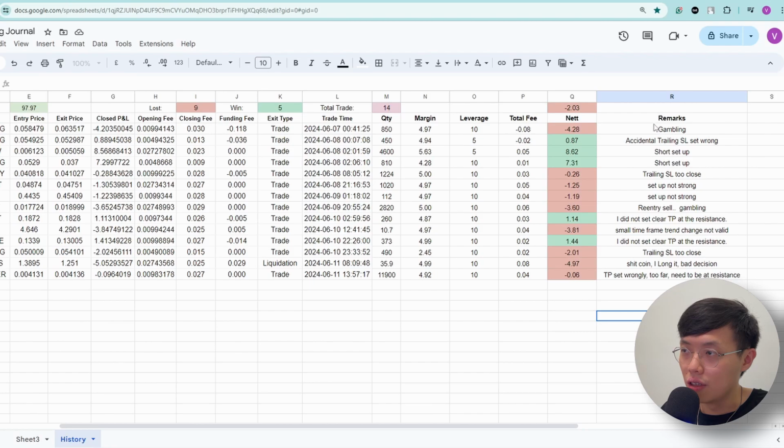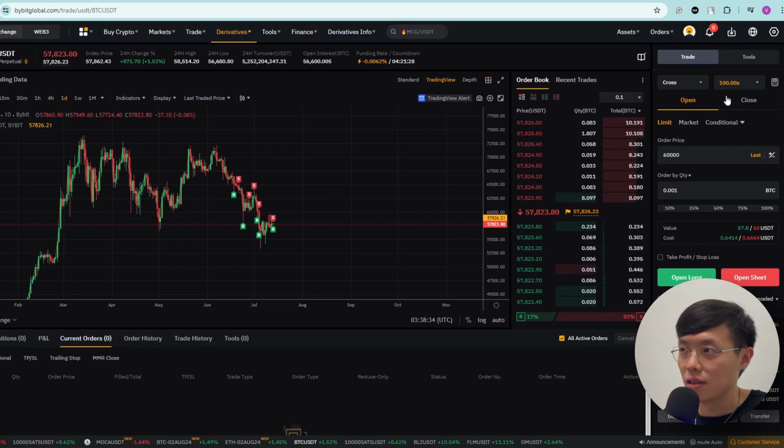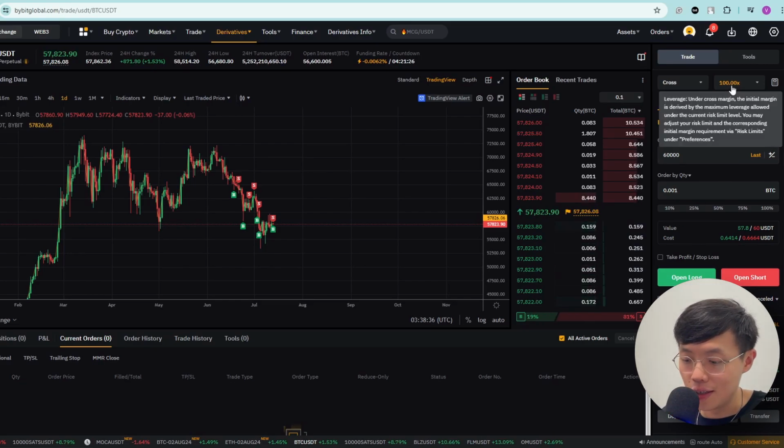If we have all these remarks, we can look at our past examples and the past mistakes that we made, so that we can minimize our mistakes next time. All right. So this is how you trade in the derivative perpetual, and this is how you open long and short, right? Using the benefit of leverage and the risk reward ratio as well.